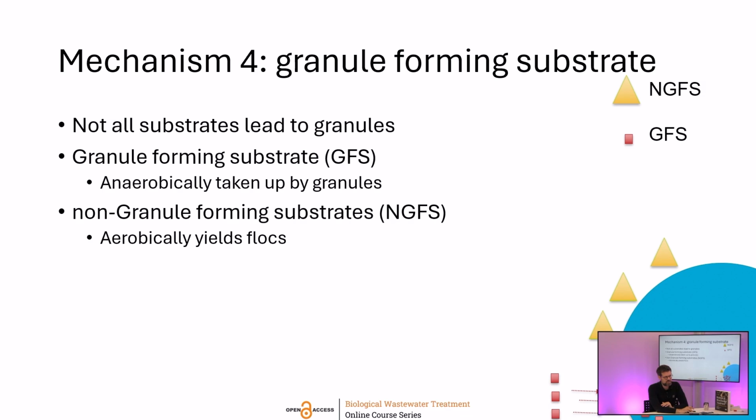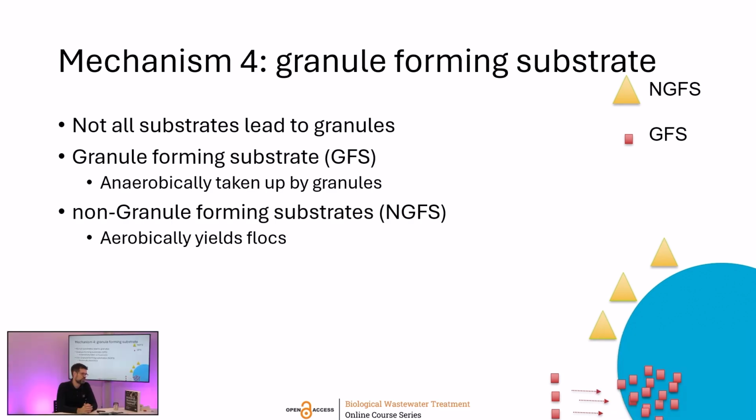The fourth mechanism is really the substrate type. We know there are substrates you cannot grow granules on, and what we also saw is that you have to have a certain minimum level of granule forming substrate. So we're talking about, for example, acetate, but also substrates that can anaerobically easily be converted into acetate or propionate.